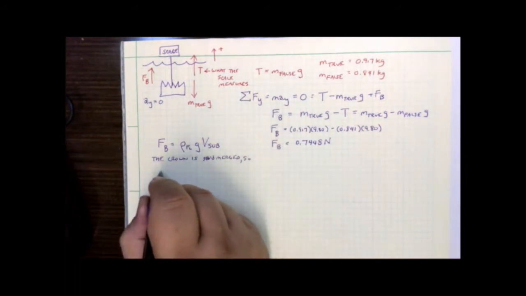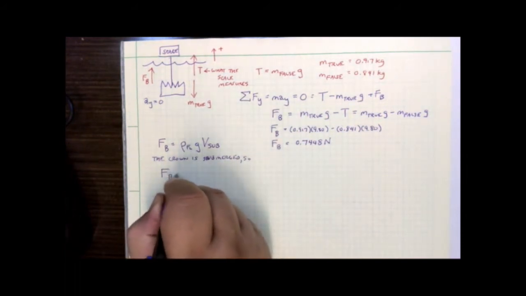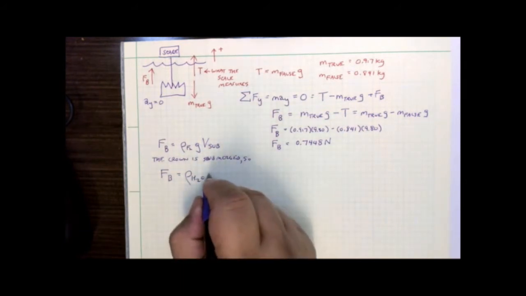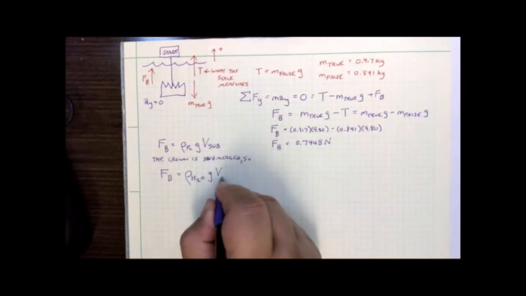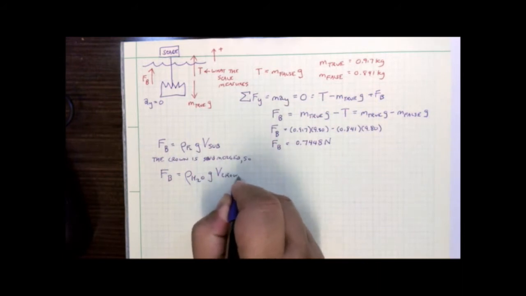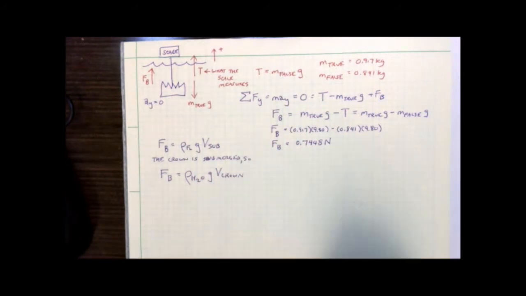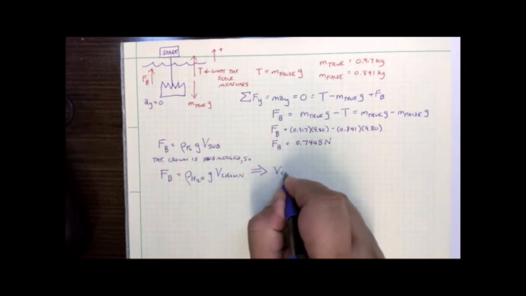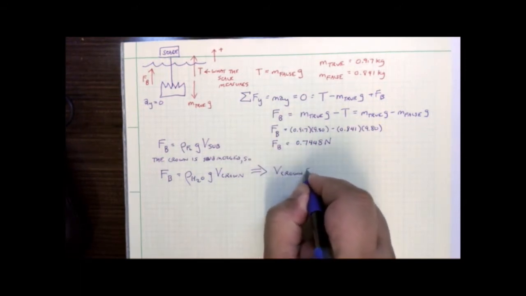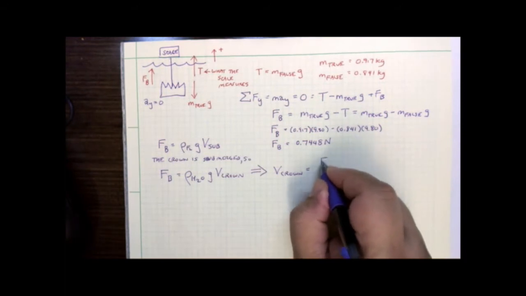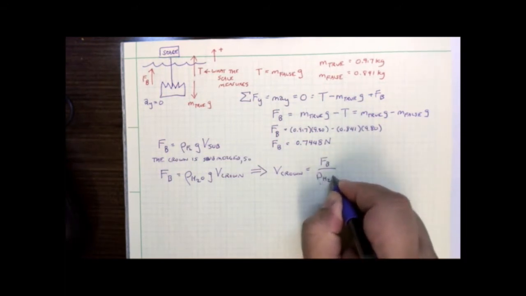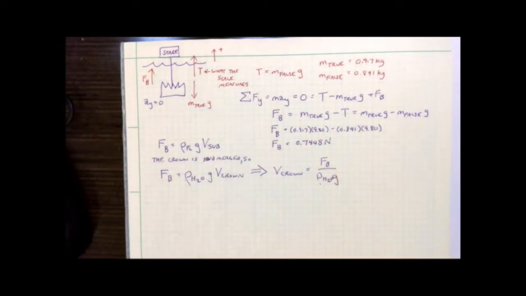So we can say that the buoyant force is equal to the density of water, we're not in seawater, we're just in pure water here, times g times the volume of the crown. Solving this equation for the volume of the crown, we get that the volume of the crown is the buoyant force divided by the density of water times the acceleration due to gravity.